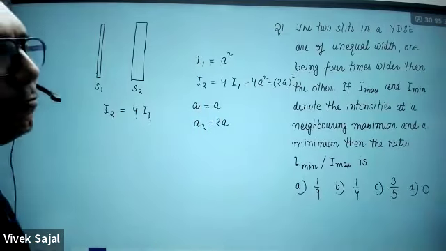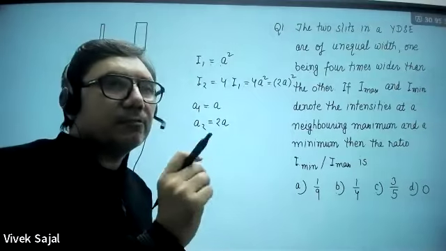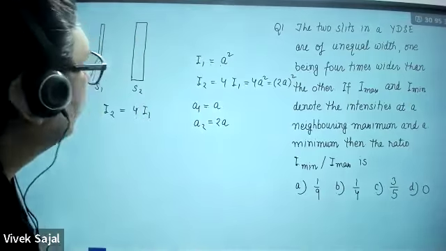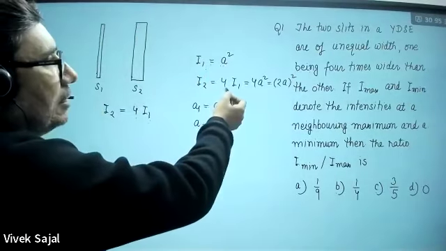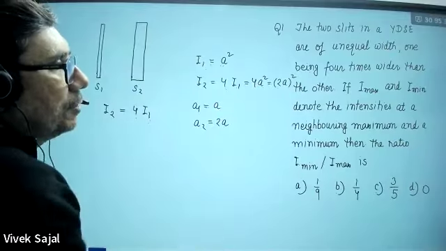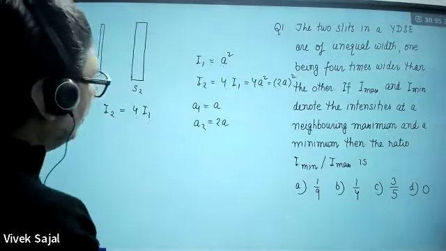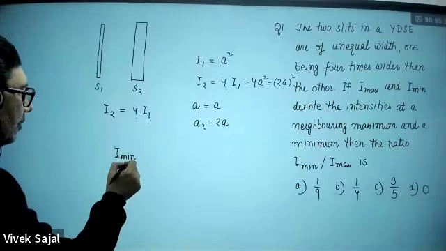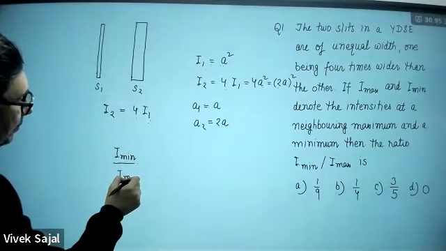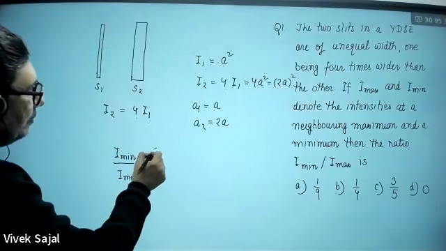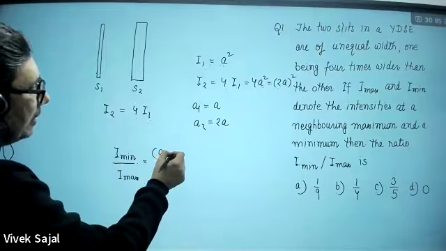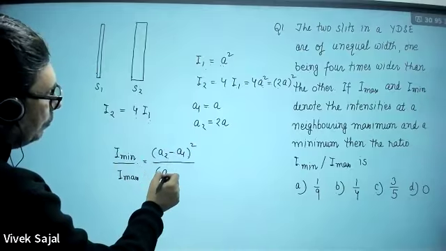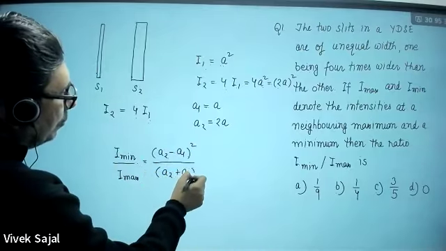So if the width is made 4 times, the intensity of light emerging from the wider slit will become 4 times. If this is A square, then this will be 4A square, so the amplitude is 2A. In this way, you can write I1 and I2. So what will be I minimum by I maximum here? I min will be A2 minus A1 whole square, because A2 is greater, divided by A2 plus A1 whole square.